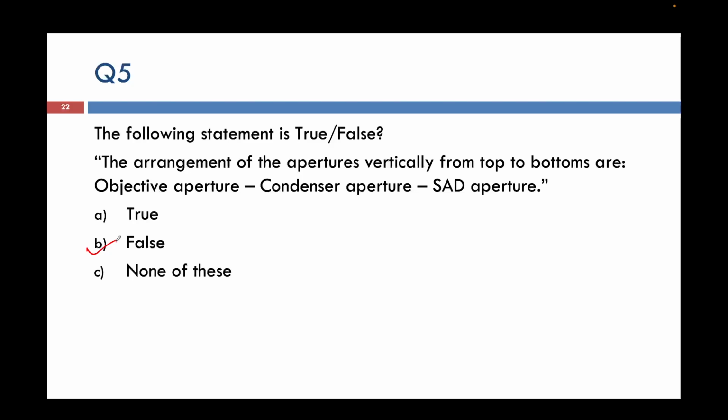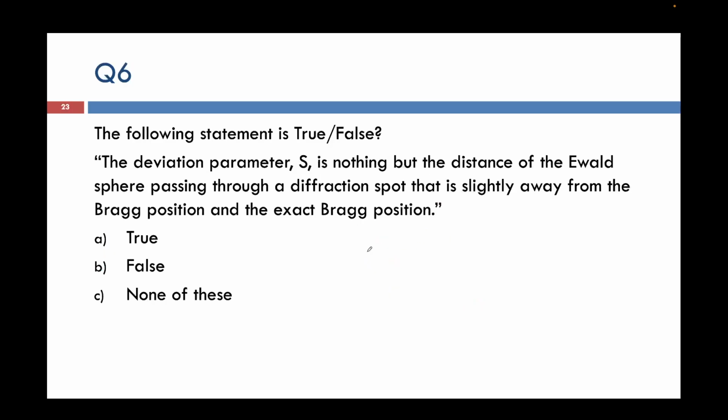In the column, the first aperture is the condenser aperture, the next aperture is the objective aperture, and the next aperture is the SAD aperture. This is how they are placed in the TEM column from top to bottom. So this is a false statement.